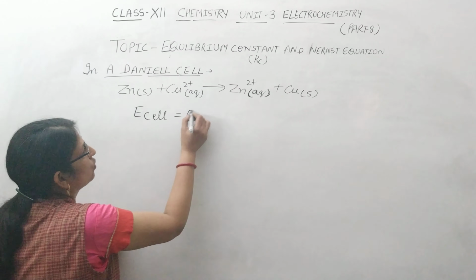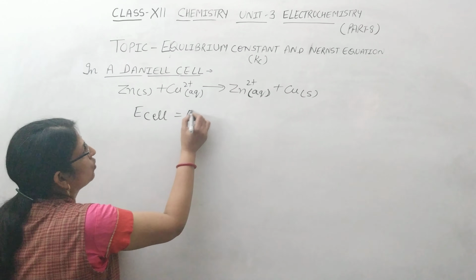Zinc ion and Cu as a solid, upon reactant copper ion and zinc as a solid. And you know very well the concentration of a solid is taken as 1 unit. So when we put 1 here, then Kc is equal to the Zn2+ concentration divided by the Cu2+ concentration in its aqueous solution.